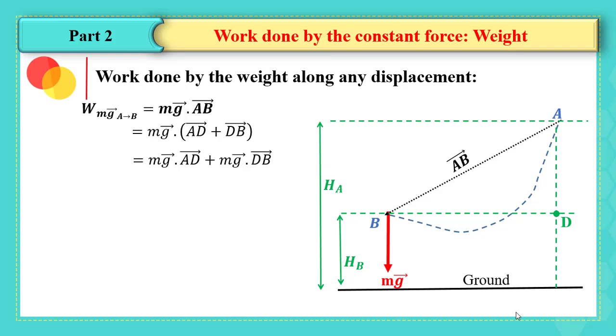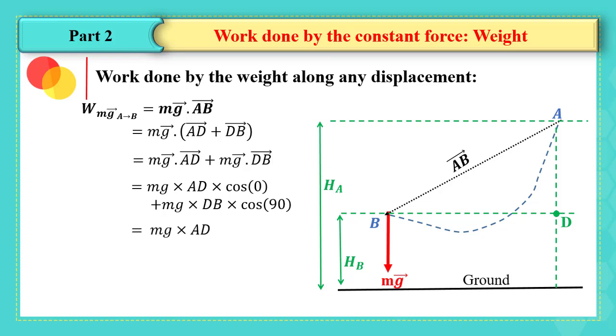Then it is mg AD cosine 0, since the angle between mg, which is directed downward, and AD, which is directed downward, is 0, plus mg DB cosine 90, since mg is downward and DB is horizontal, so the angle between them is pi over 2, and cosine 90 is 0. Then the work done by mg is mg times AD.